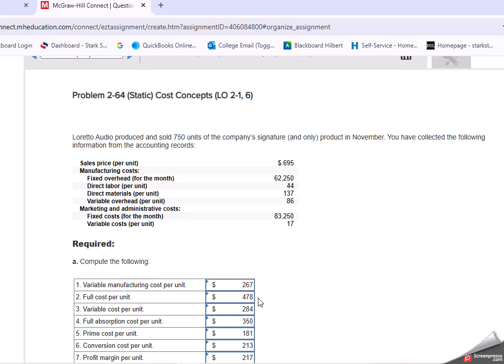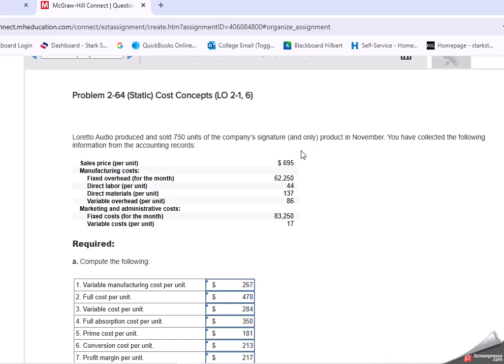So 62,250 plus 83,250. Our total fixed costs are 145,500. Divide that by the 750 units. That gives us $194 plus the $267 that were our variable manufacturing costs, and then plus our $17 of variable marketing and administrative.